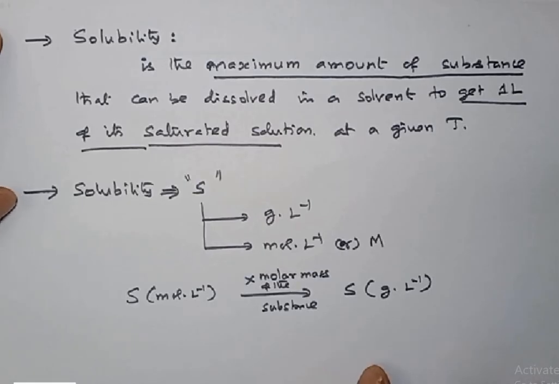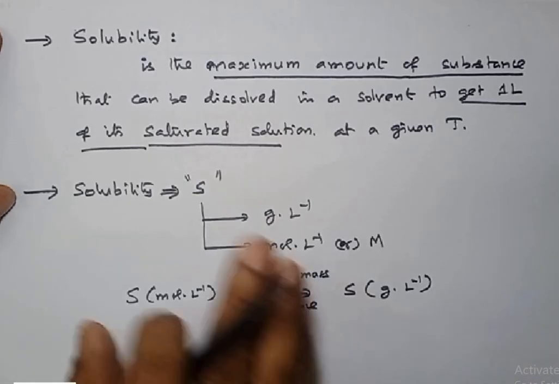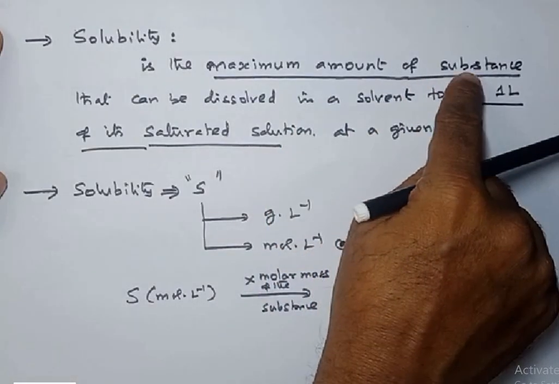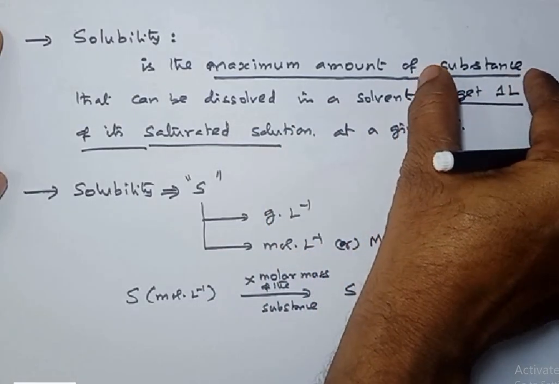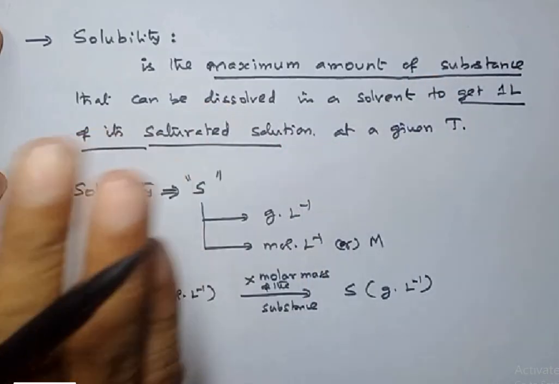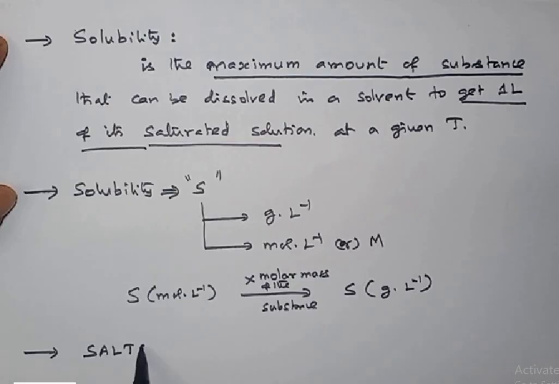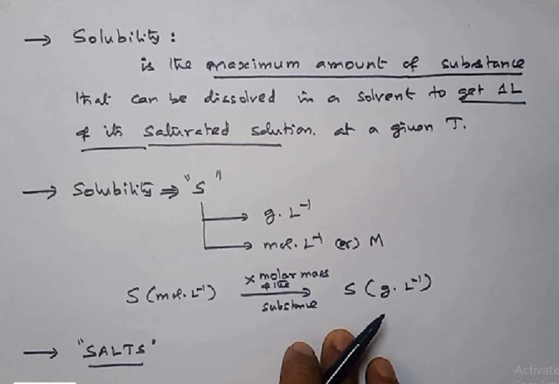Then, based on solubility, we classify salts into different types. Okay, listen. Here I have given the general term as substance, but I am going to focus mainly on salts. You know very well, salts are the neutralization product of acid and base.